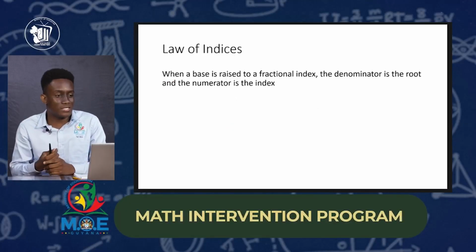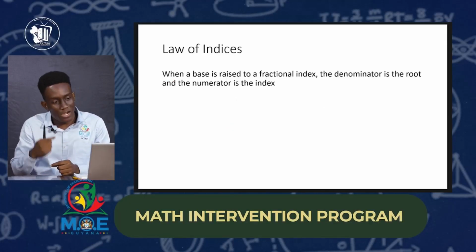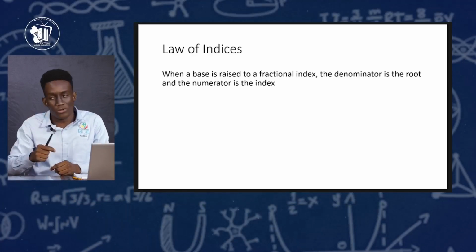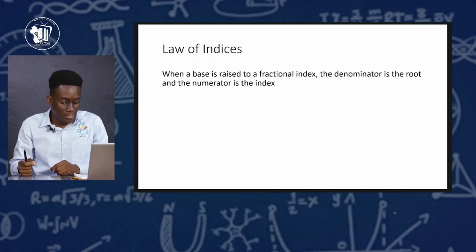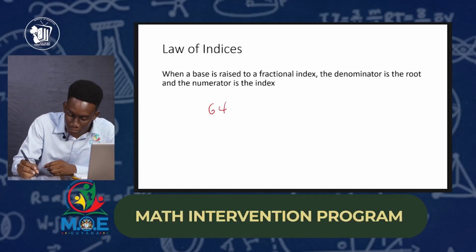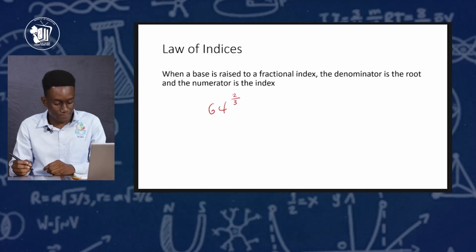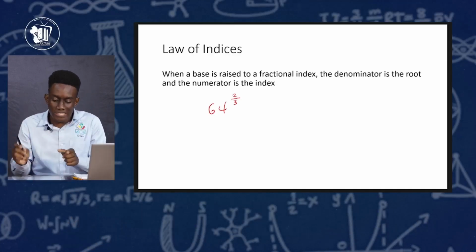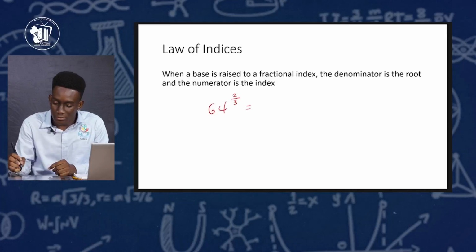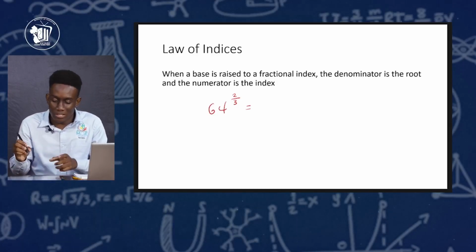So the next law says, when a base is raised to a fractional index, the denominator is the root and the numerator is the index. So let's say we had 64 all raised to the 2 over 3 power. So this is saying the numerator is the index and the denominator is the root.